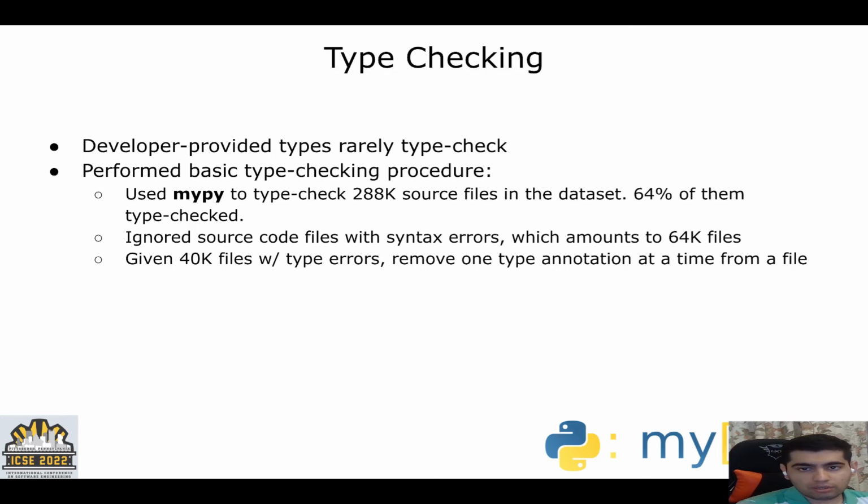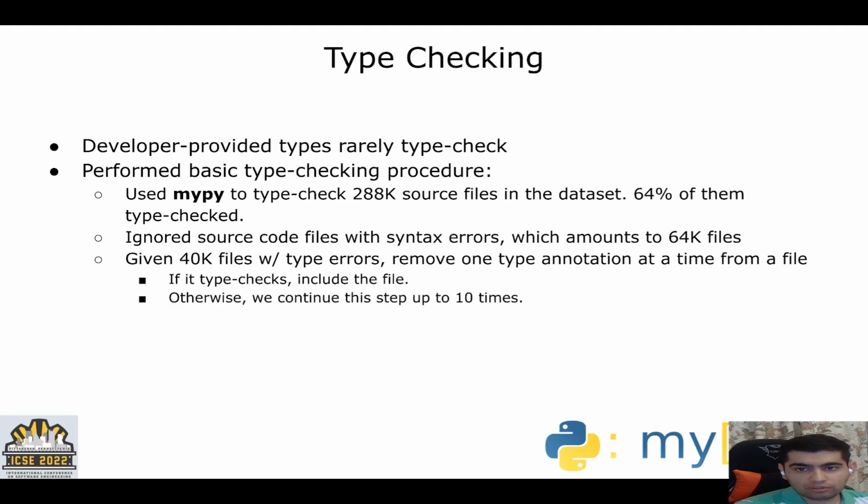For the remaining 40K files with type errors, we remove one type annotation at a time from a file. If it type checks, we include the file. Otherwise, we continue to do so up to 10 times. Following this type checking procedure, we fixed around 16.8K source code files with type errors.